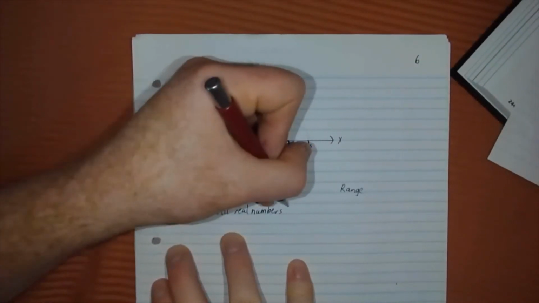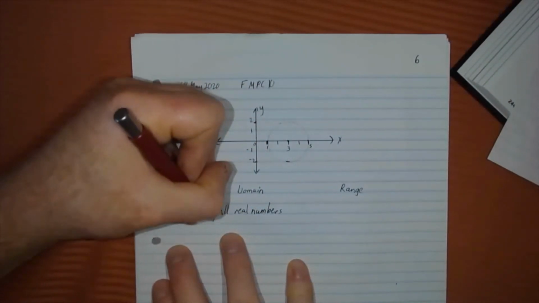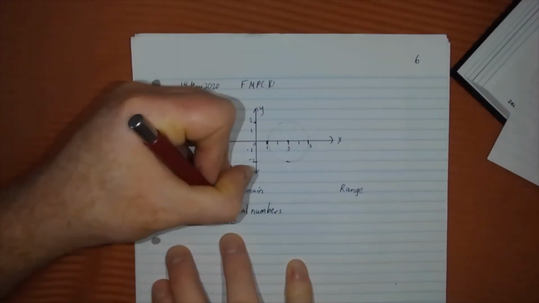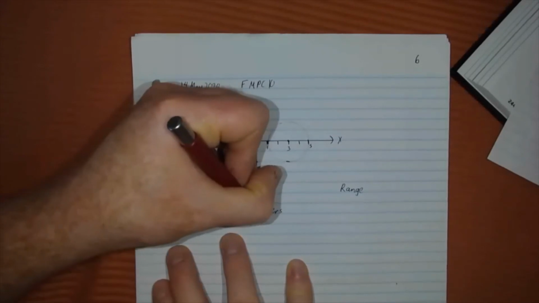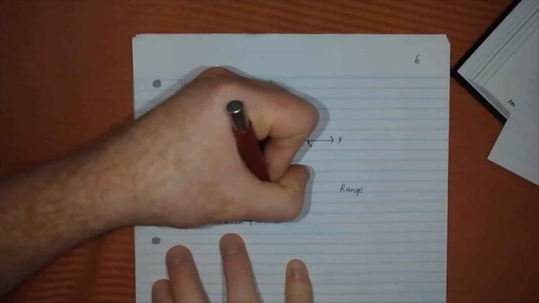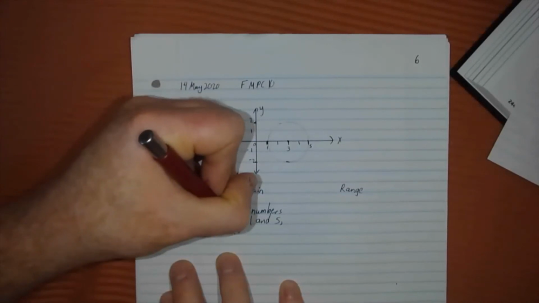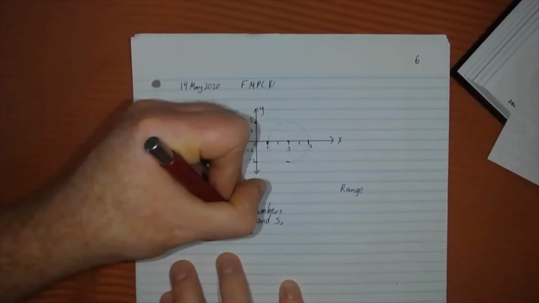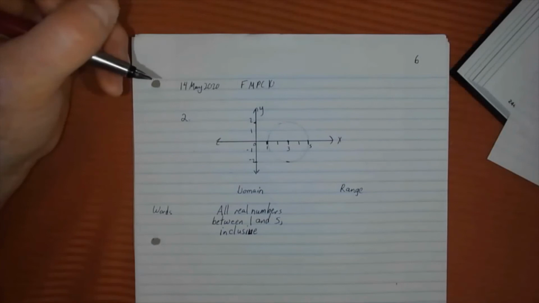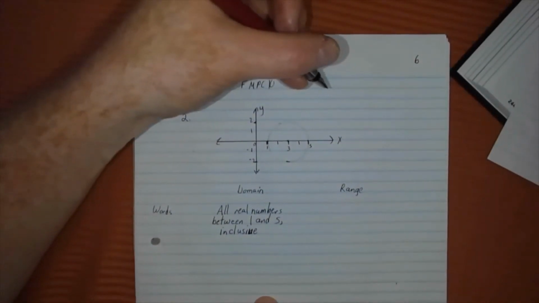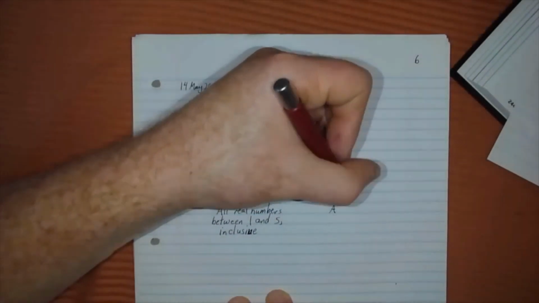Between 1 and 5, inclusive. So it includes 1 and 5. Okay. The range is all real numbers as well.